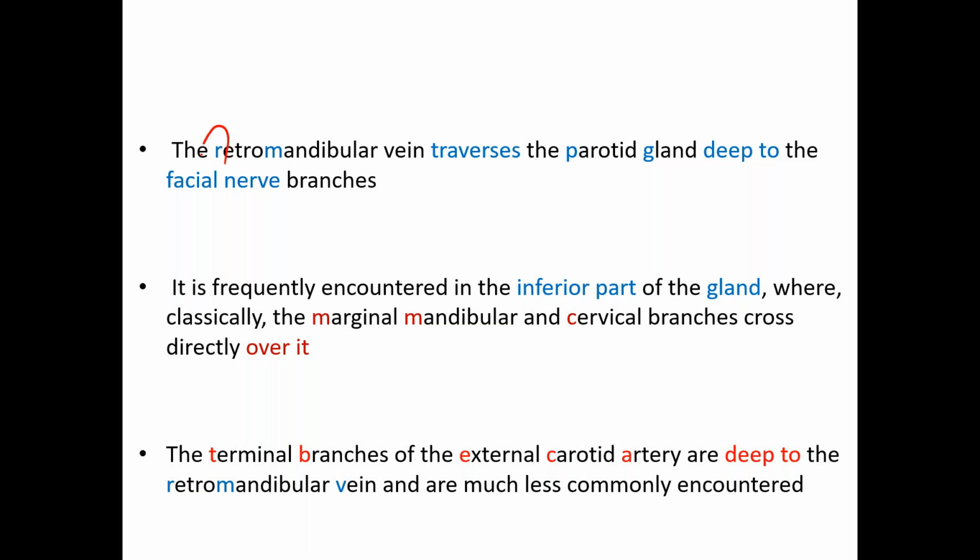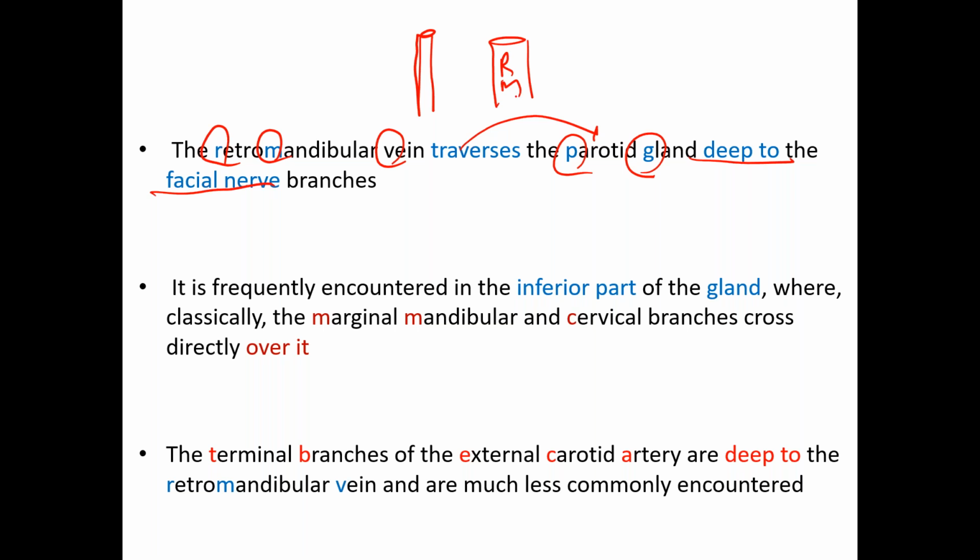You have a retromandibular vein which traverses the parotid gland, deep to the facial nerve branches. Take this as the facial nerve, and this becomes the retromandibular vein, which is deeper to the facial nerve.